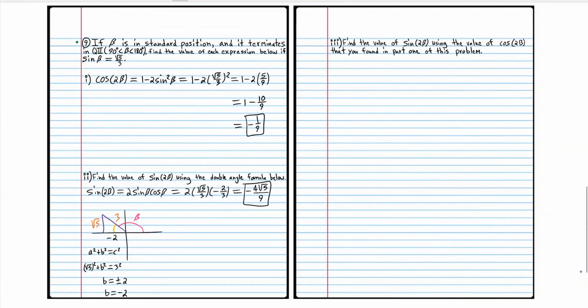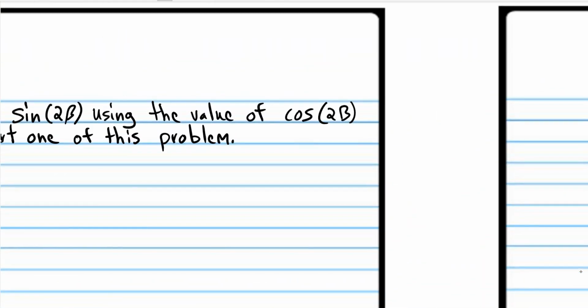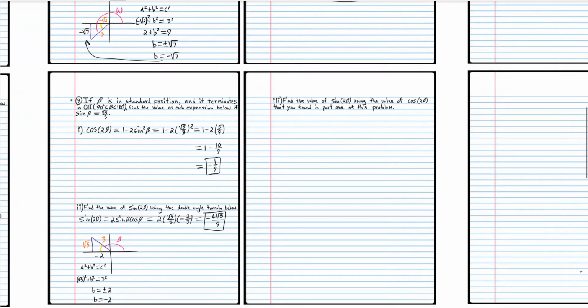So now we're going to do the same thing, except we're going to use the value of cosine 2 beta that we found previously. And that should be a beta, not a b. Okay, so they tell us that beta terminates in the second quadrant.